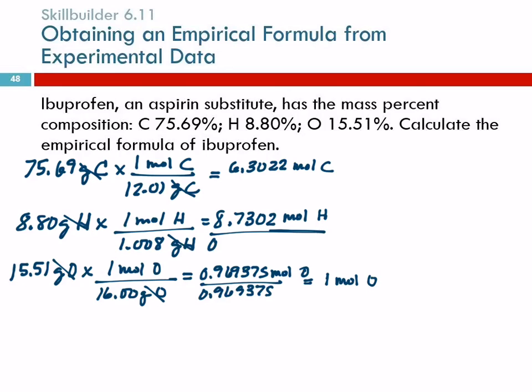This one divided by 0.969375 comes out to be 9.006 moles of hydrogen.